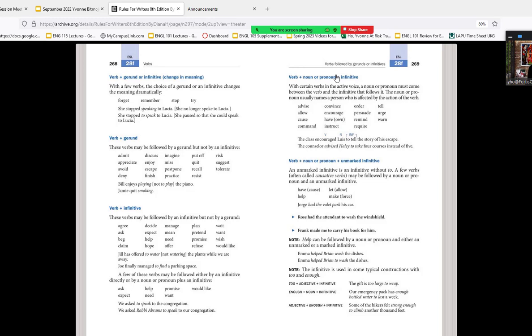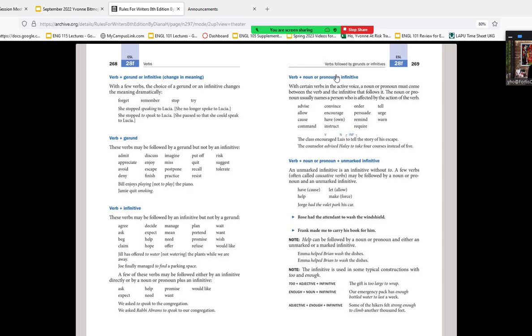In all of these verbs, you need to have a person and then the infinitive. And so here, the class encouraged Luis to tell the story of his escape. The counselor advised Haley to take 4 classes instead of 5.